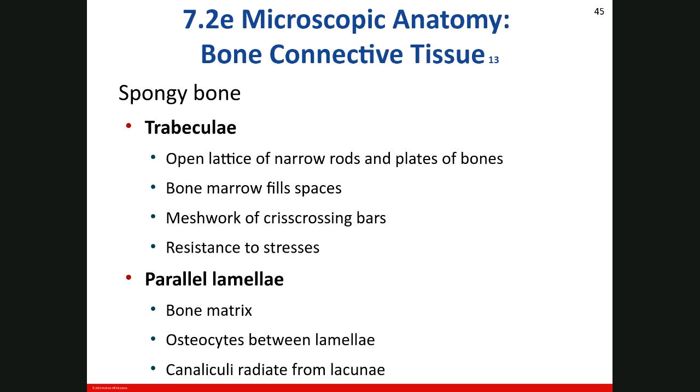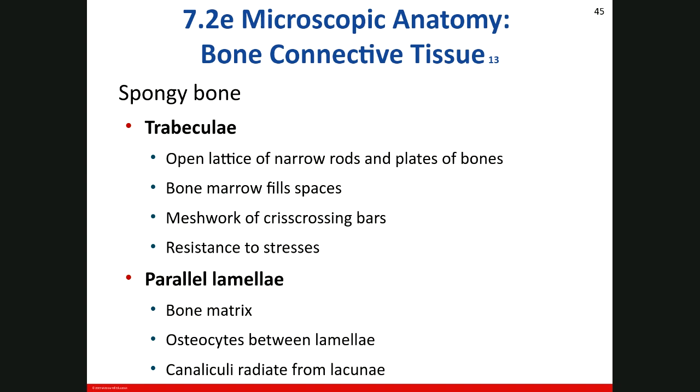The next part is about the spongy bone. In the spongy bone, we have a structure which we call trabeculae. Unlike the compact bone, the spongy bone doesn't have any osteons. Instead, it has a structure which is an open lattice of narrow rods and plates of bone.